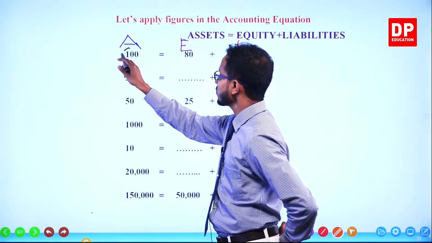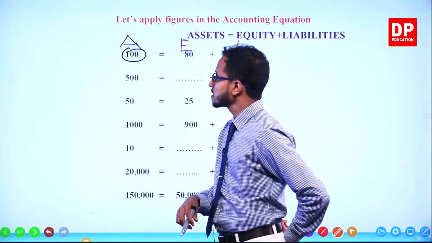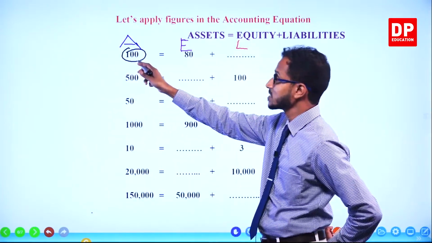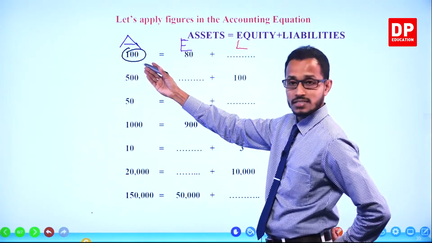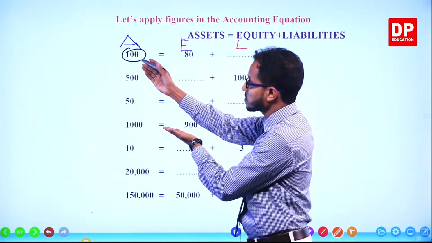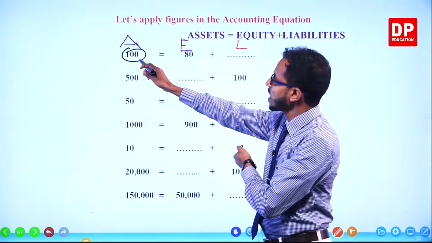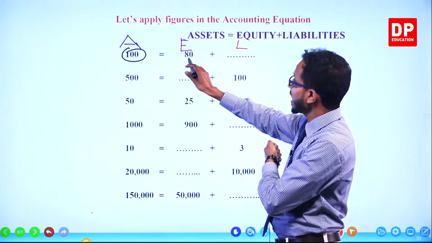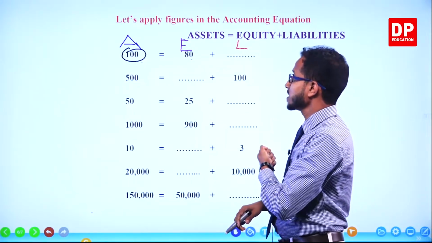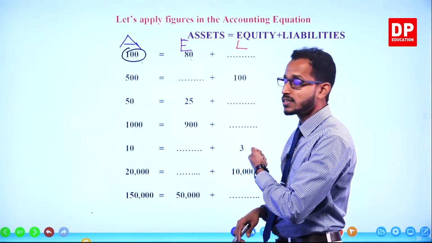If 100 worth of assets exist in a business, and out of that 100, 80 is equity.